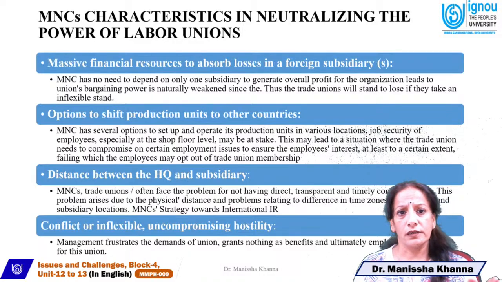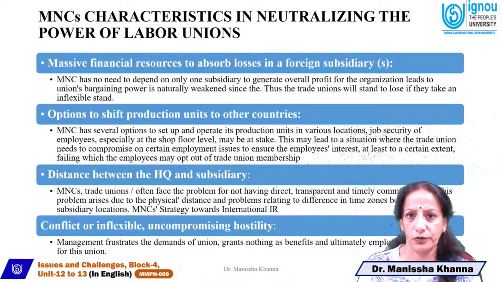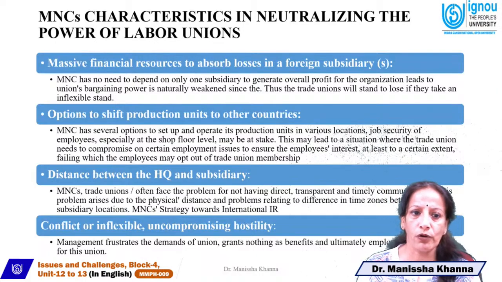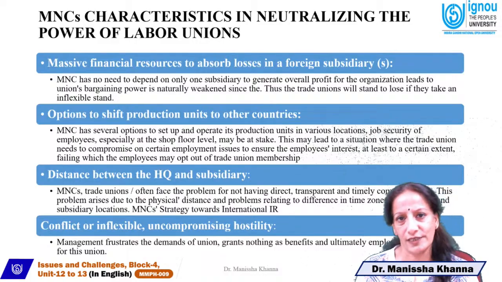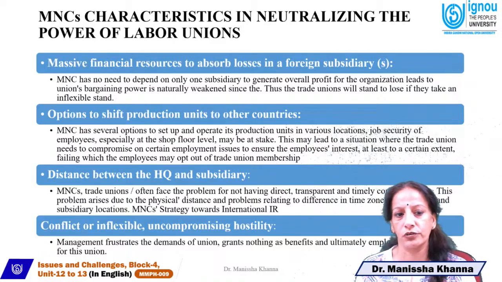Second, these multinationals have the option of shifting production units to other countries. So they have several options to set up and operate production units in various locations. The job security of employees, especially at the shop floor level, the plant level, may be at stake because they work on different production options and different shifts.